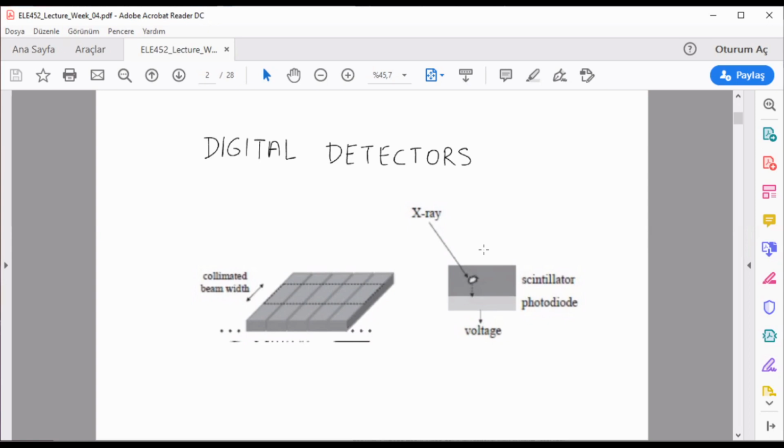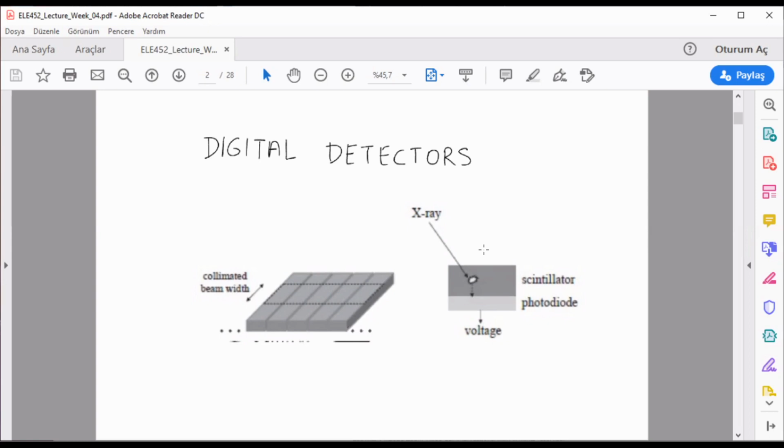Now we are continuing with the detectors. In the last week, week number 3, we mostly considered the tube and X-ray tissue and matter interaction. Now we come to the end portion of it, which is detecting X-rays.